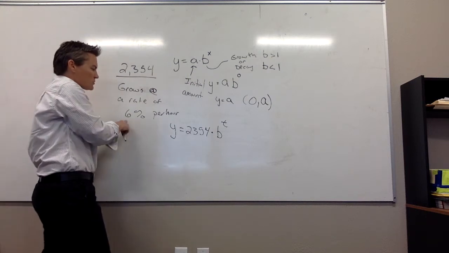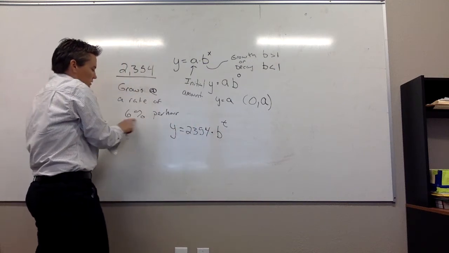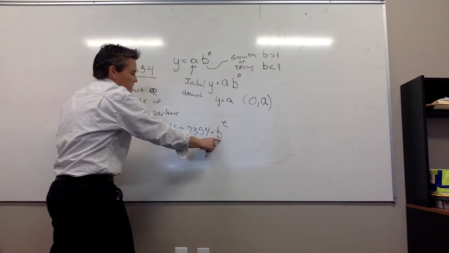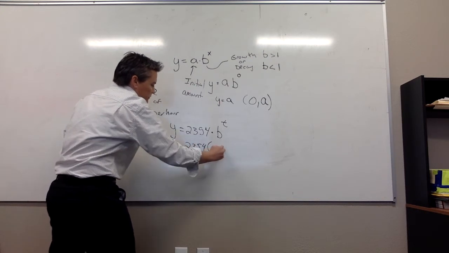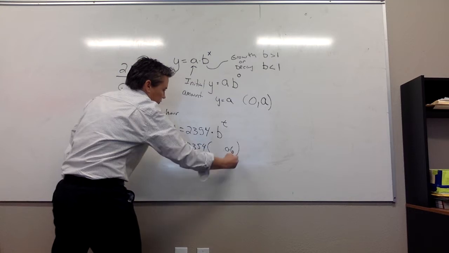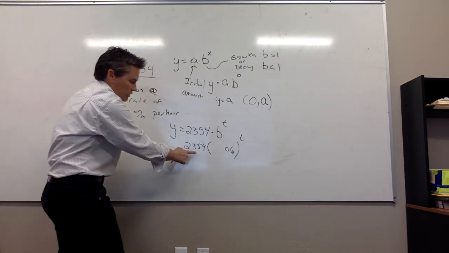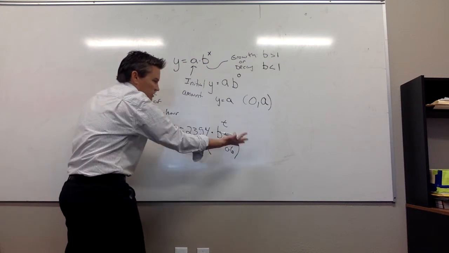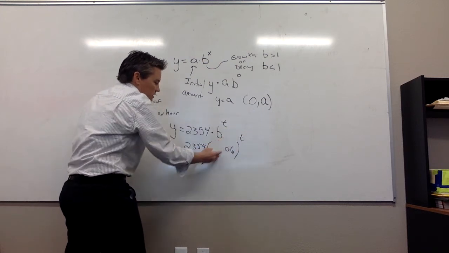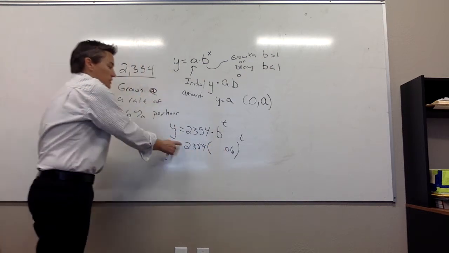So there's a 6% growth rate. But I need to be cognizant of the fact that I can't just plug in a 0.06 there. Because if I multiply 2,354, and we'll say t is 1 in this instance, times 0.06, I'm going to get 6% of the population.